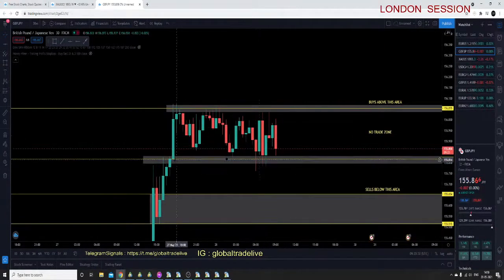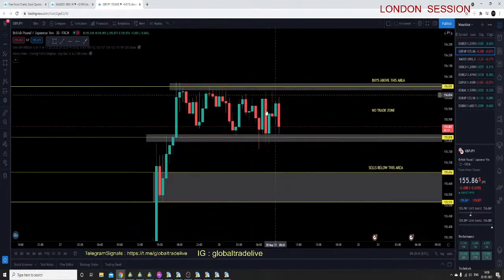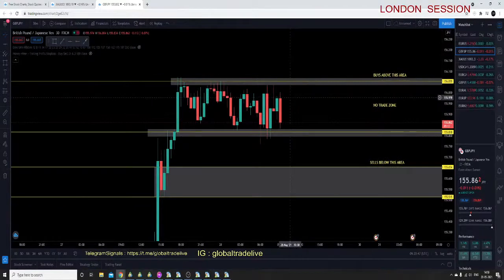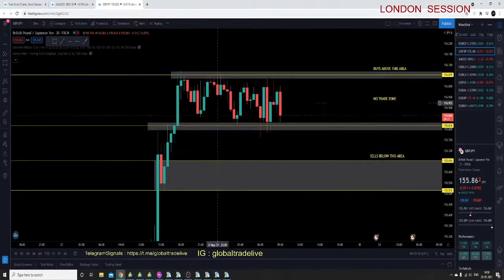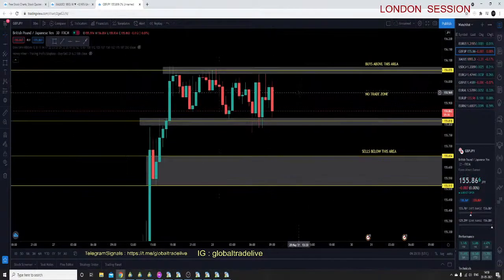Because look how the candles are trying to break up, but they are failing to do so, because right now there is no volume in the market. So that's why it's just not moving. And to move the market up or down, we need some volume.